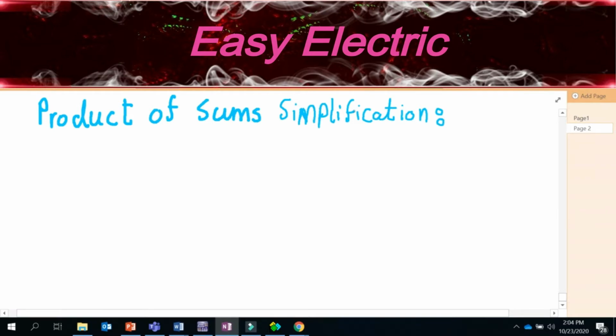As usual, we start with one example. Suppose you have this function. The function form is f(x, y, z, w). This is our function f.